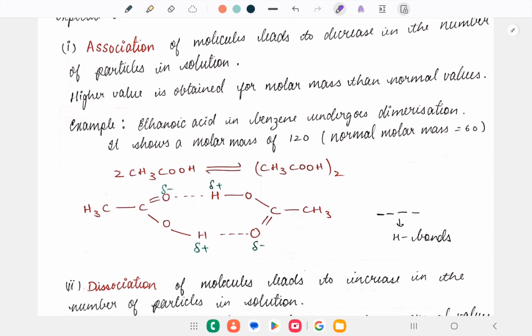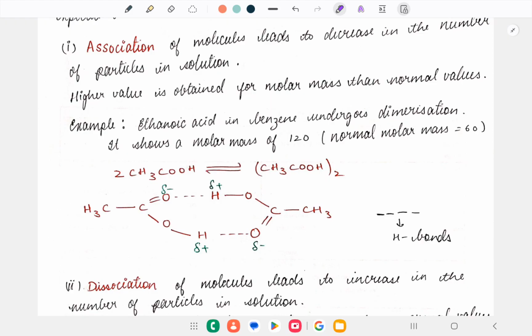First we'll speak about association of molecules. Association of molecules leads to a reduction in the number of particles in the solution, resulting in a reduction in the value of the colligative properties. Colligative properties are inversely related to the molar mass of a compound.